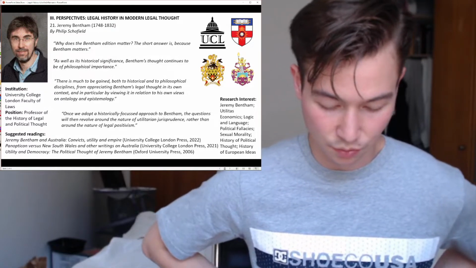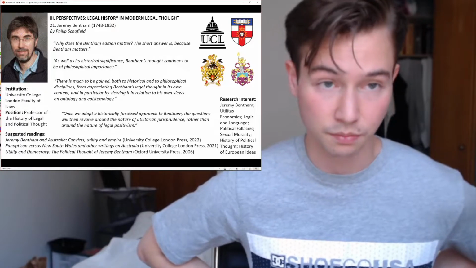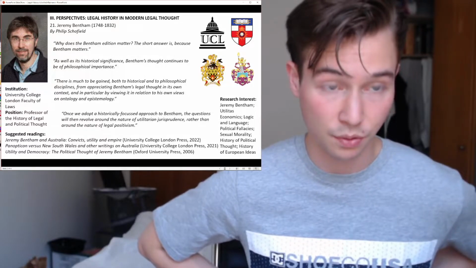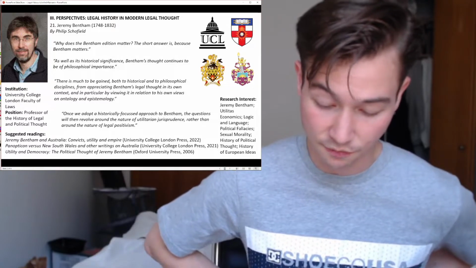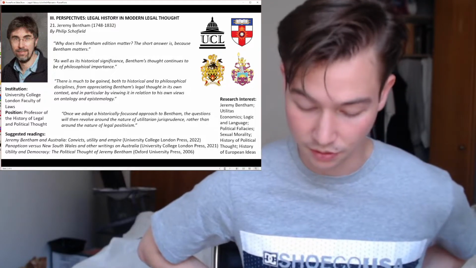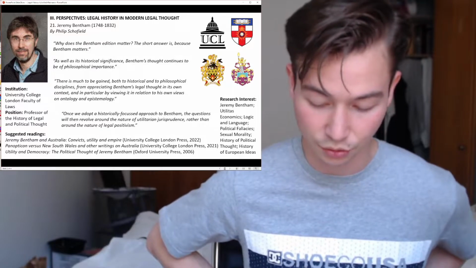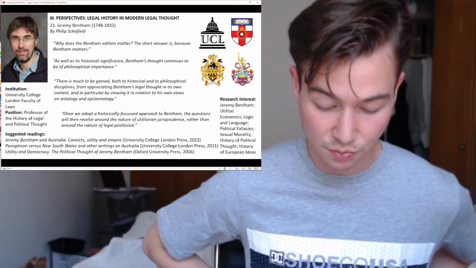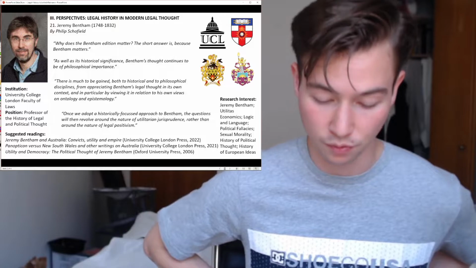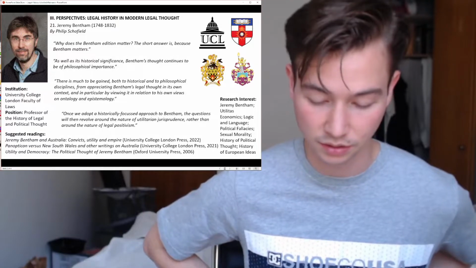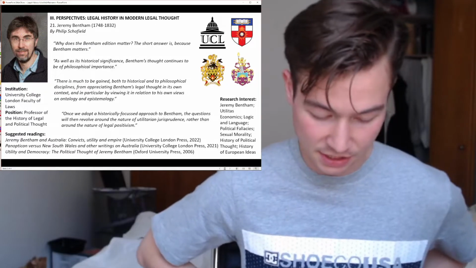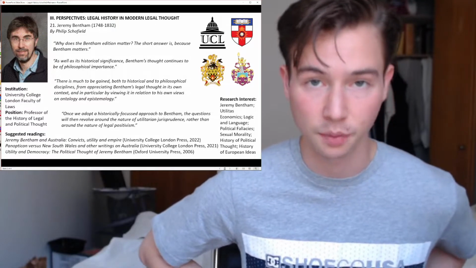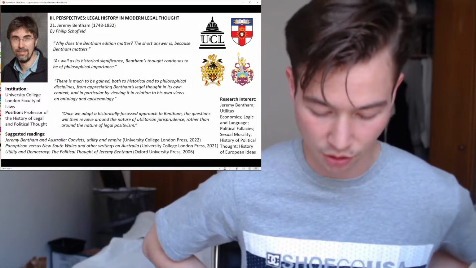In terms of historical significance, Bentham has both a historical significance and a political importance, as he was the founder of the doctrine of classical utilitarianism, and he remains one of the main strands of liberal moral philosophy. His philosophic calculus is the basis for cost-benefit analysis in economics, so incredibly large influence in economics as well.